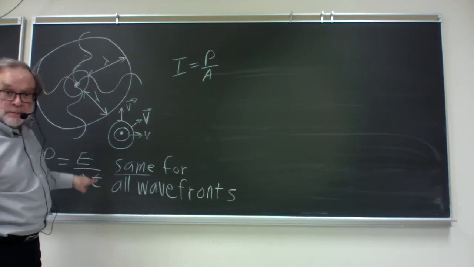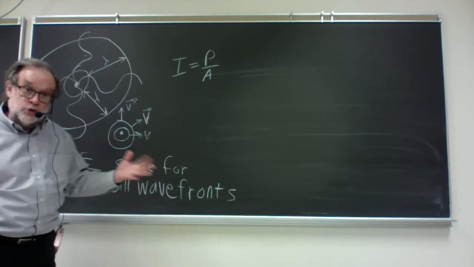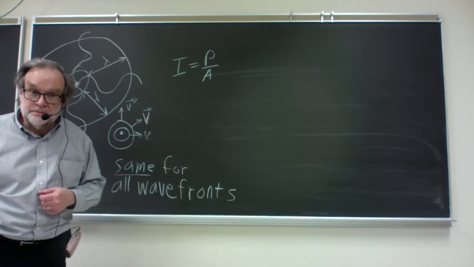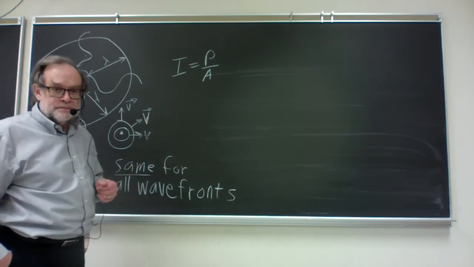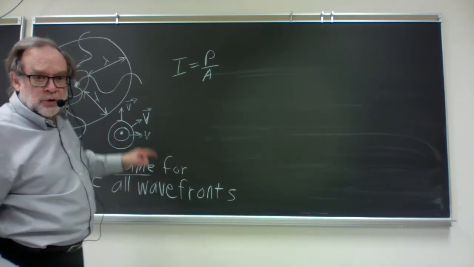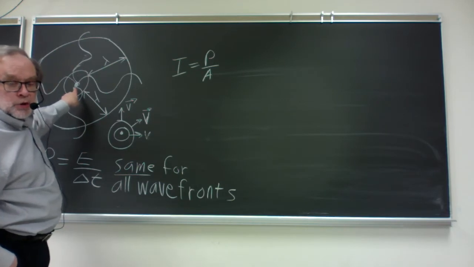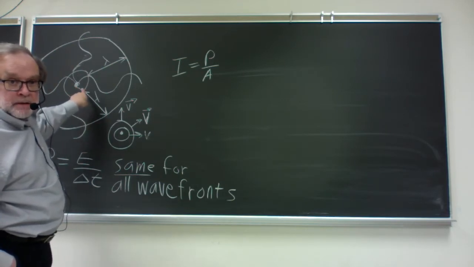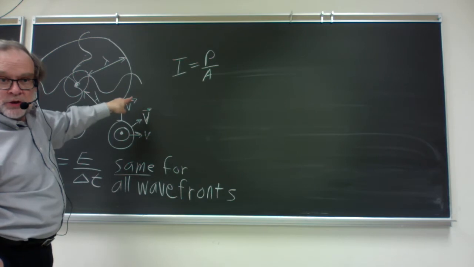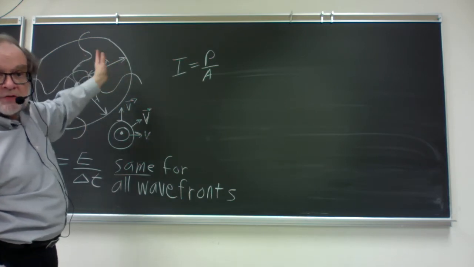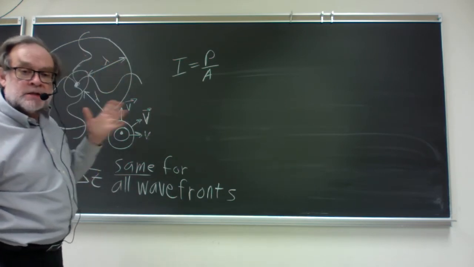Same amount of energy passing by per unit of time, no matter how close or how far you are from the source. So power, the rate at which the source puts out energy, is going to be the same as the rate at which energy passes through any sphere centered on that source. It stays the same.